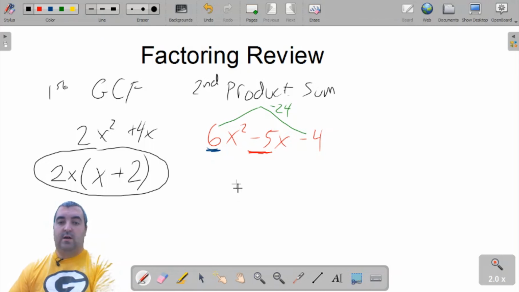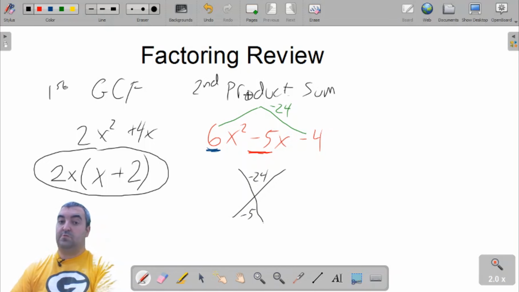So as far as organizing this goes, I do a little x, so I call this the x method. Probably has a fancier name, but whatever. I put the negative 24 up top, I put the negative 5 down here, and now I want to think of two numbers that multiply to give me negative 24, so their product is negative 24, and they add to negative 5, so their sum is negative 5. That's where the name comes in.